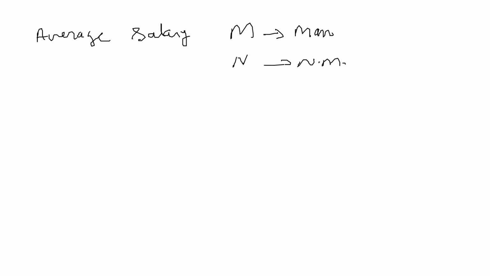Suppose average salary M and N, M for manufacturing and N for non-manufacturing. And according to question, total employee who are working in manufacturing, their salary is 1/6 of total salary.